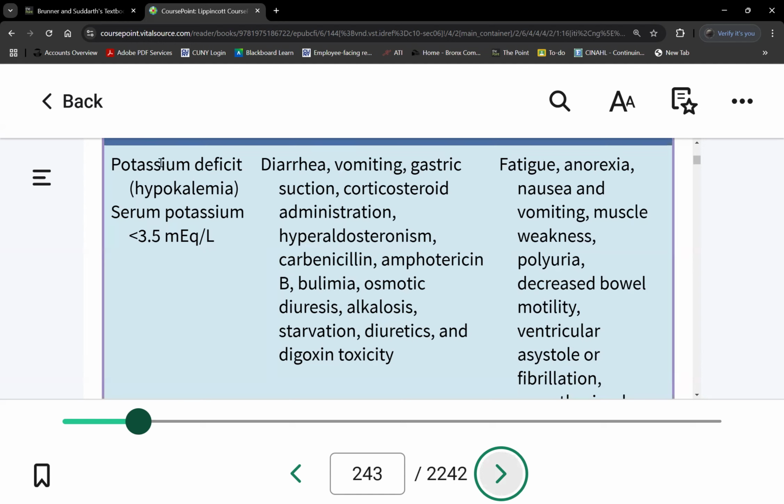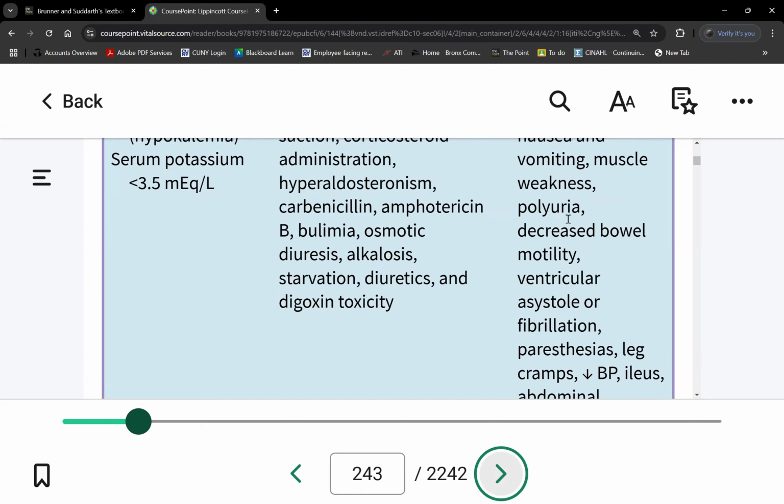So if you see here, if you have low potassium, look at the manifestations. Low everything. Peristalsis is low. So therefore, does the patient have any appetite? Do they have any bowel movements? No, you got constipation, you have muscle weakness, heart weakness, and then respiratory depression as well. Because remember, the diaphragm is a muscle too. Okay, so all muscles are weak. So therefore, respiratory rate will be weak, effort will be weak.